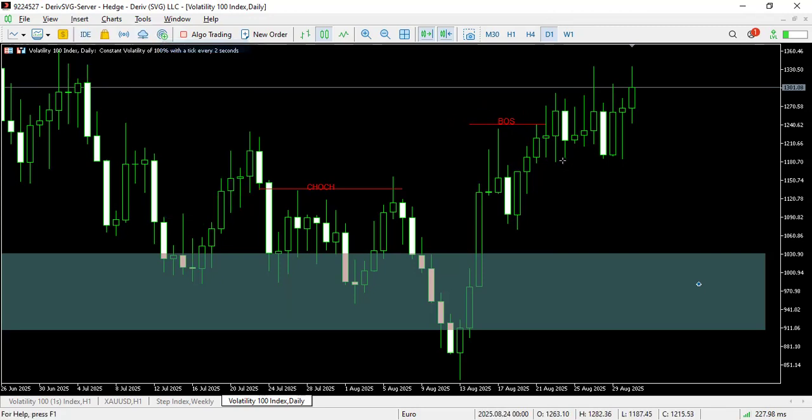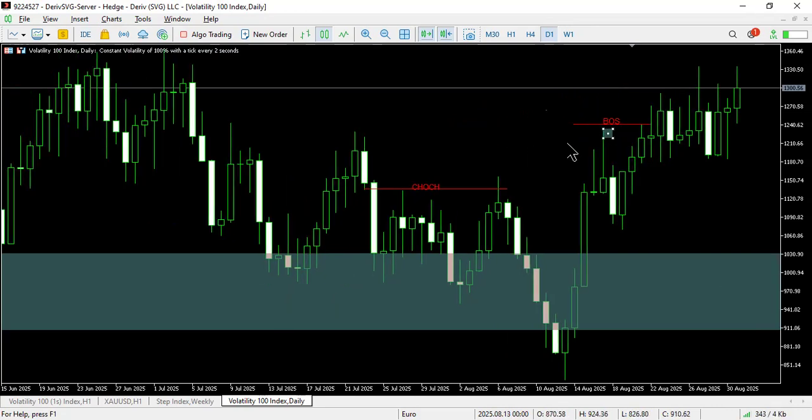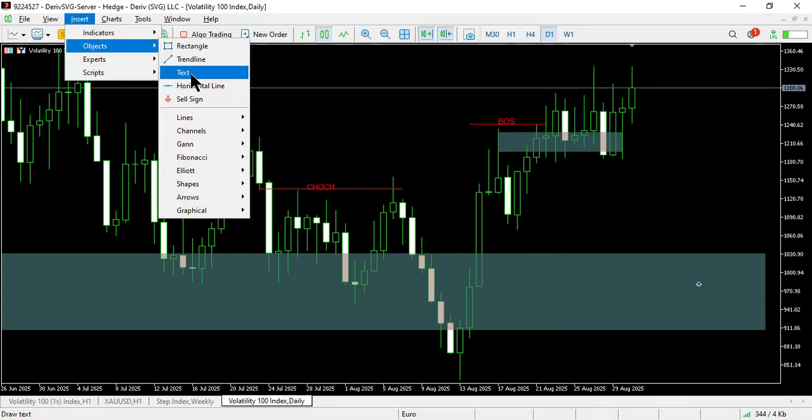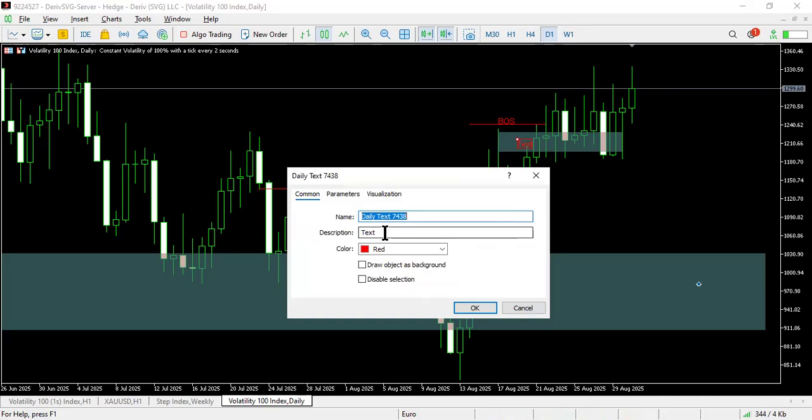And then our order block, that is our order block from the daily time frame. Price is currently reacting off that order block. So VIX 100 is in an uptrend.